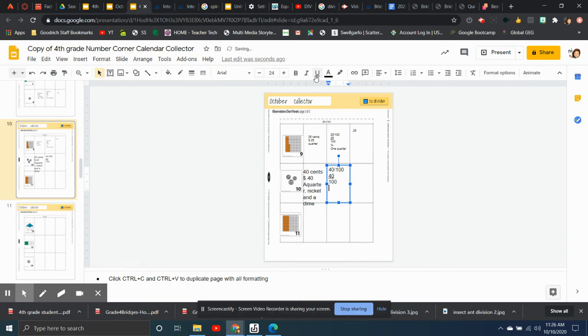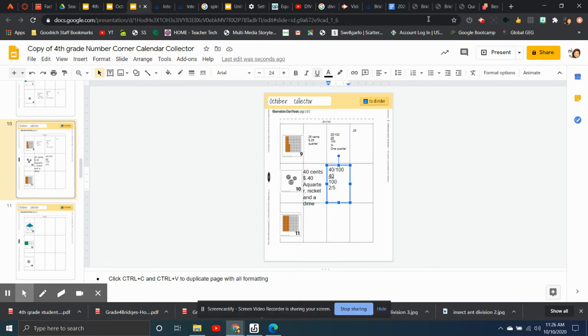So this could equal 2 fifths. 2 fifths of a dollar. That makes sense. If 20 is 1/5 of a dollar, then 40 would be 2 fifths of a dollar, right?